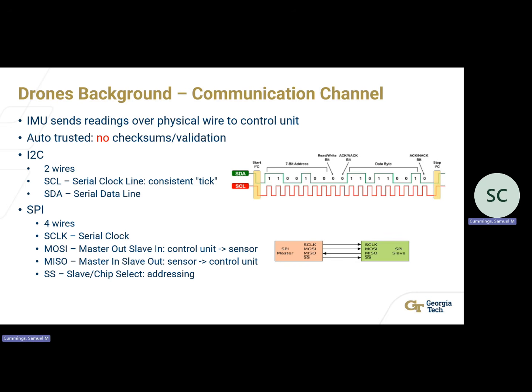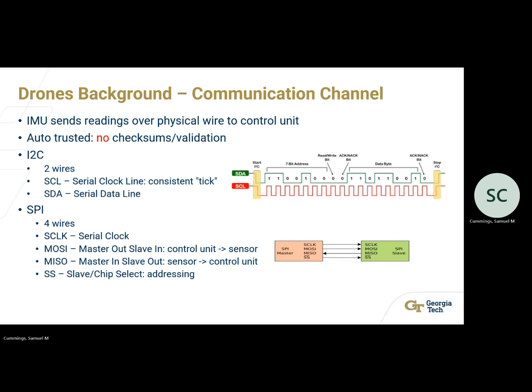The communication channel is the last component of drones that I need to discuss, and this is probably the most important in regards to this paper and the attack that they suggest. The communication channel is how data from the IMU gets to the control unit.